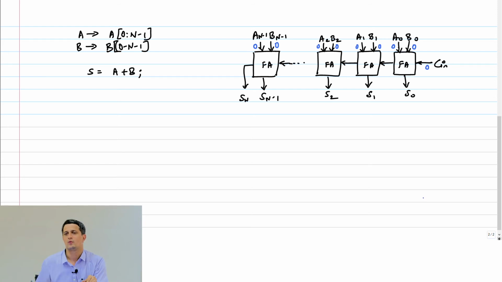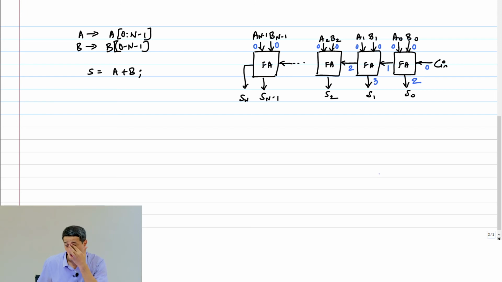So at what point will S0 be ready? 2. What about the carry out of the first block? 1 unit. When will the carry out of the second block be ready? 3. And what about the sum? 1 plus, so if this is 1, this will be 2, yeah, 2.